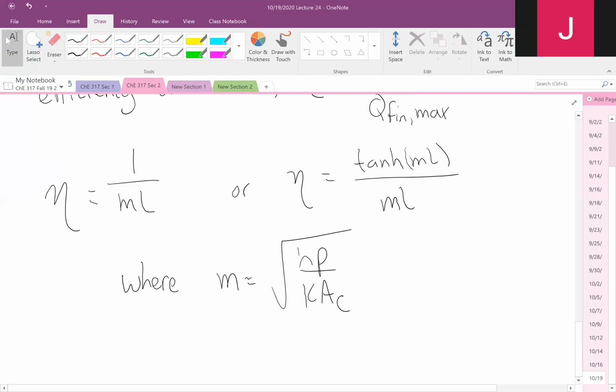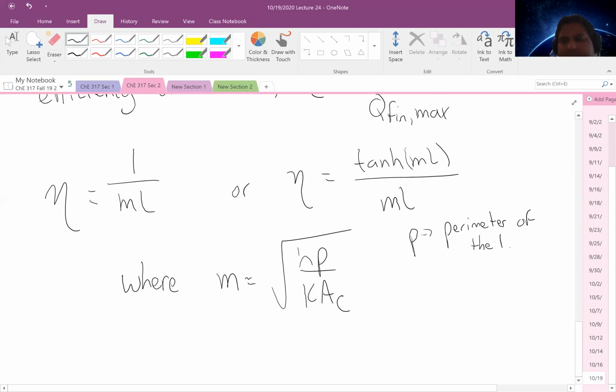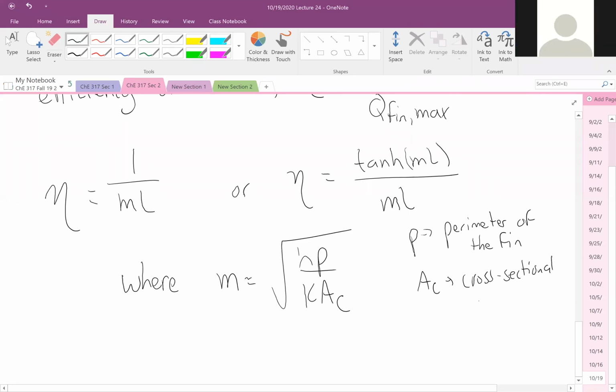Just to clarify, P there is the perimeter of the fin, and Ac is the cross-sectional area. h is the heat transfer coefficient, and k is the thermal conductivity.